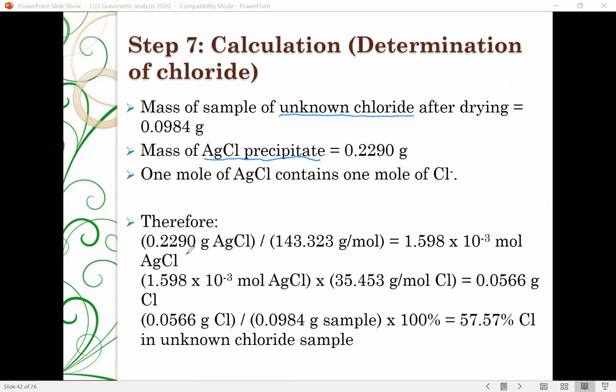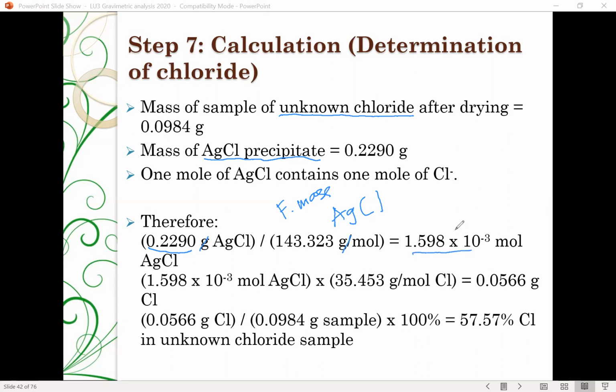So the first step here, we already have the mass of AgCl, which is 0.229. When we multiply it by the formula mass of AgCl, okay, formula mass, you can cancel grams here, and you get the mole of AgCl, which is this value.